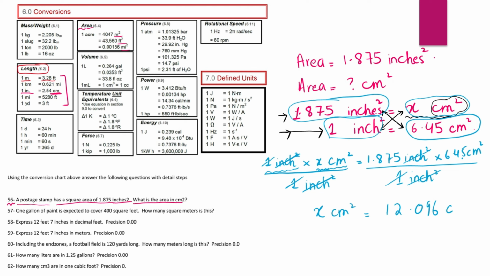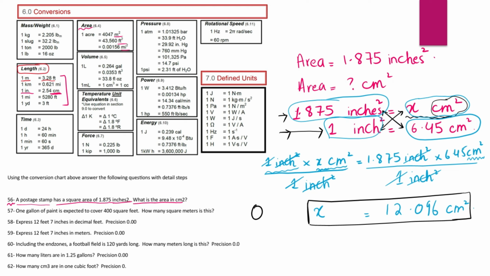You can see here everything is cancelled, just centimeter square is left, so I can write centimeter square here. Both sides you don't need to write centimeter, so I'm removing the centimeter square from the left hand side. So this is your converted value. X is basically equals to 12.096 centimeter square. Okay, simple. So this is the answer of question number 56.